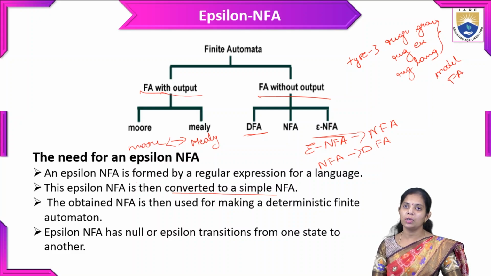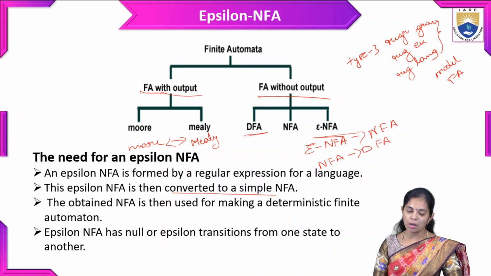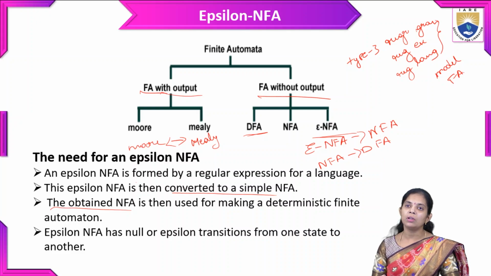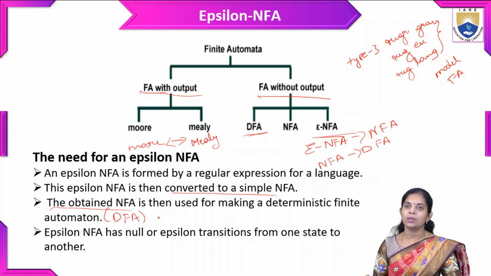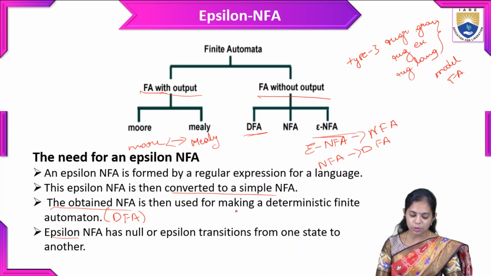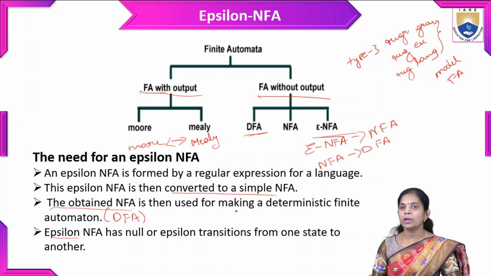After removing all the epsilon moves, we can also convert it to a deterministic finite automata, that is, a DFA. An epsilon NFA has null or epsilon moves, which are transitions from one state to another state.